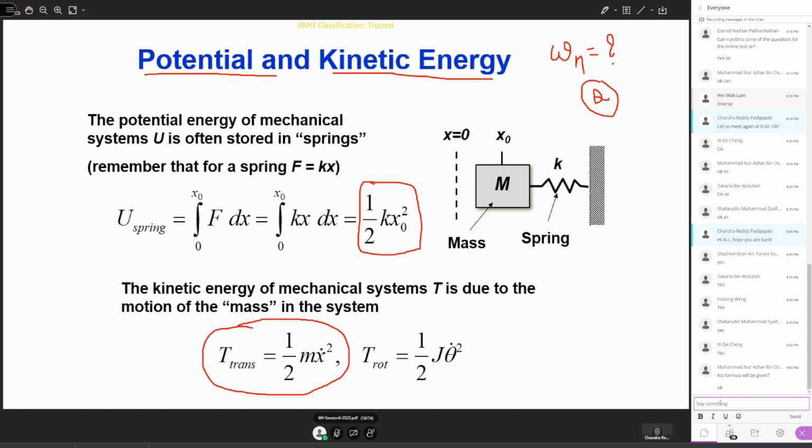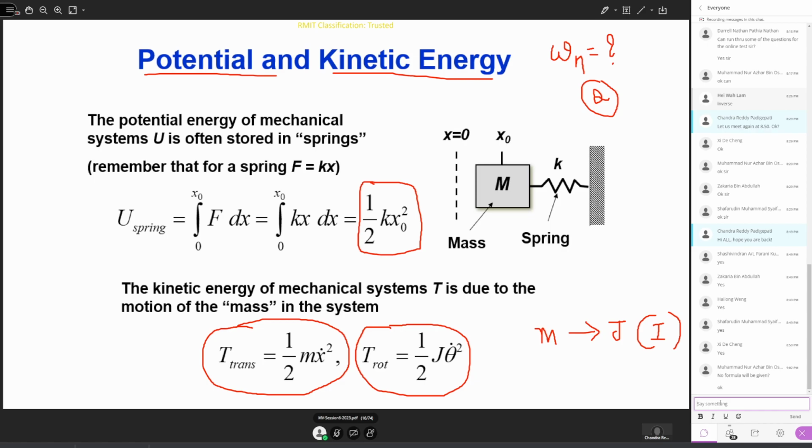The same for rotational kinetic energy: the mass is replaced with the mass moment of inertia. So mass for rotation becomes mass moment of inertia. The symbol used is J, but I think in engineering dynamics you might have used I. Some courses use mass moment of inertia J, and some books use I, so you need to get familiar with both.